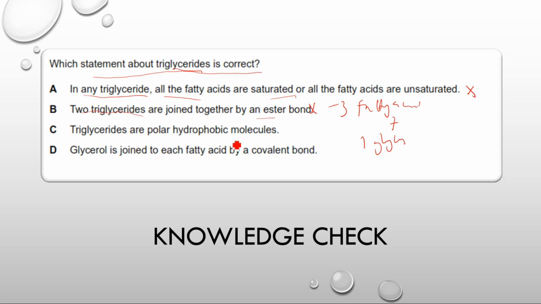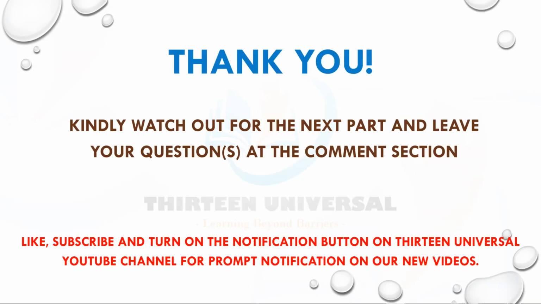Triglycerides are polar? They are not. They are non-polar. It's phospholipid that has a partially polar part. Glycerol is joined to each fatty acid by a covalent bond. Yes, this covalent bond is an ester bond. So D is the answer.